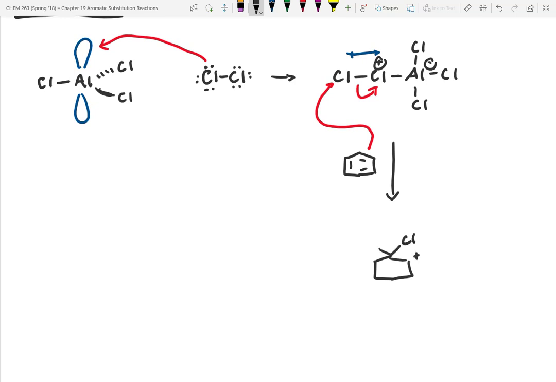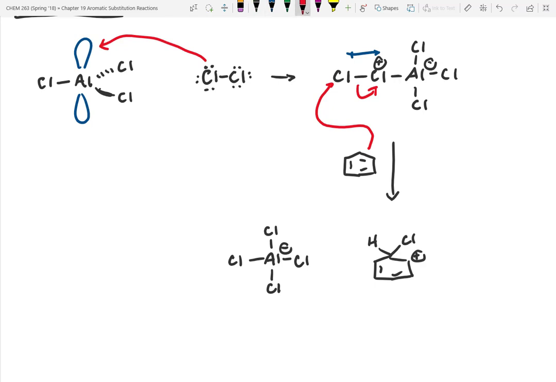So now we have a chlorine here, positive charge, proton, 2 pi bonds. We still have this aluminum complex floating around. We want to restore aromaticity.